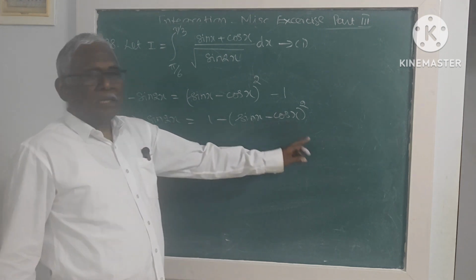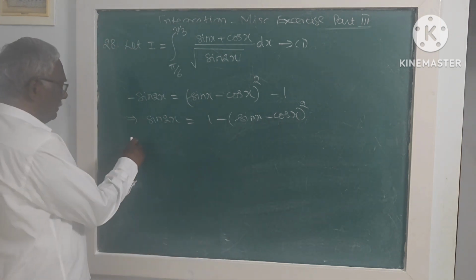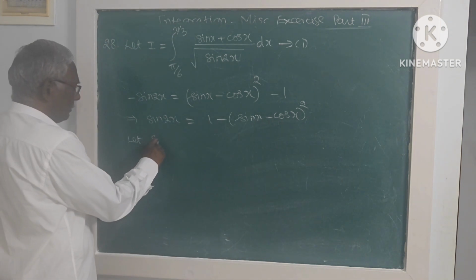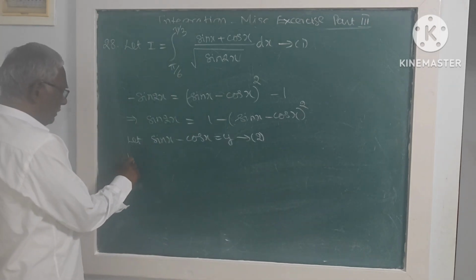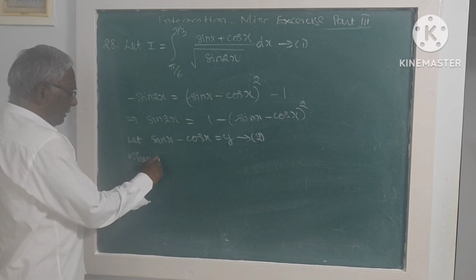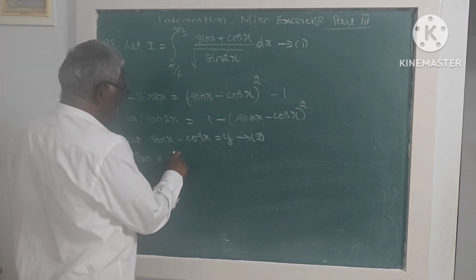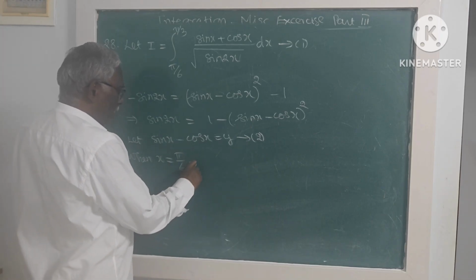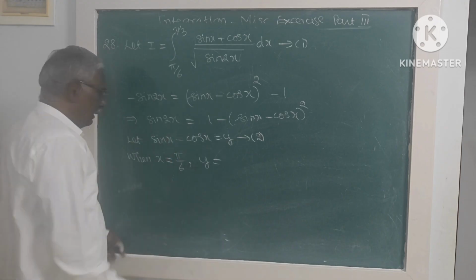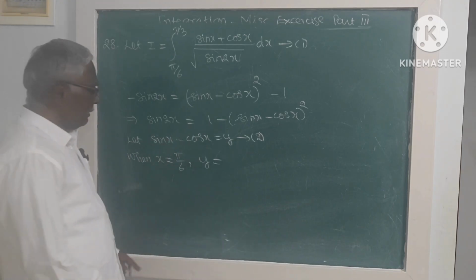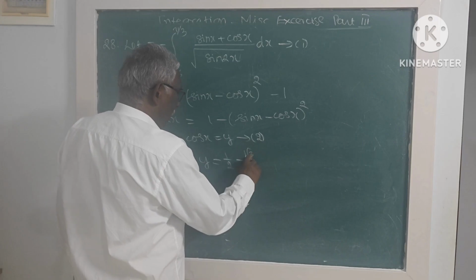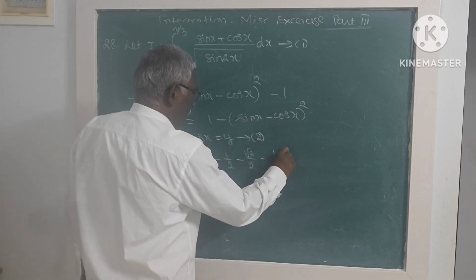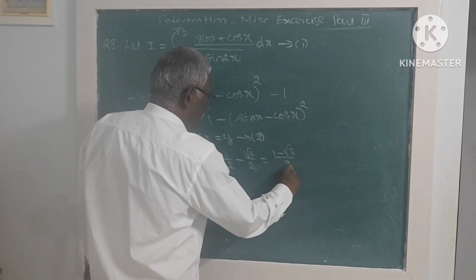Now we will take sin x minus cos x as y, with limits pi by 6 to pi by 3. When x is pi by 6, y is how much? Sin 30 is 1 by 2, cos 30 is root 3 by 2, so it is 1 minus root 3 by 2.